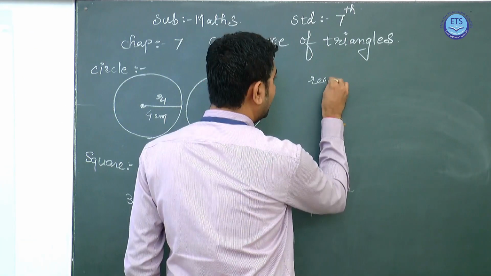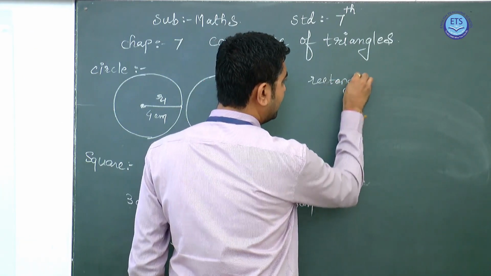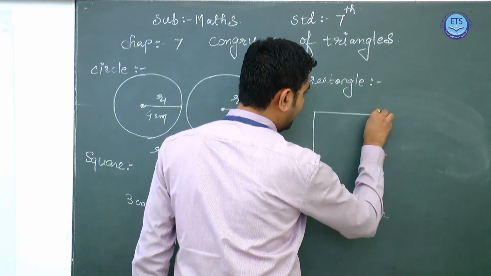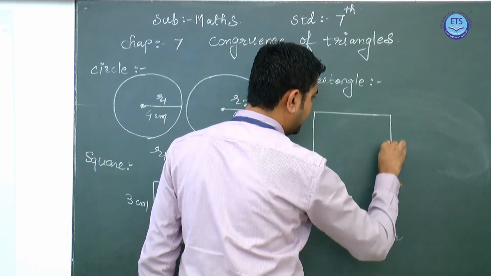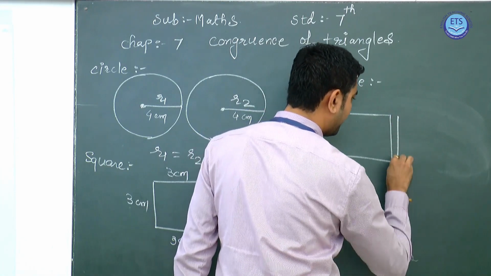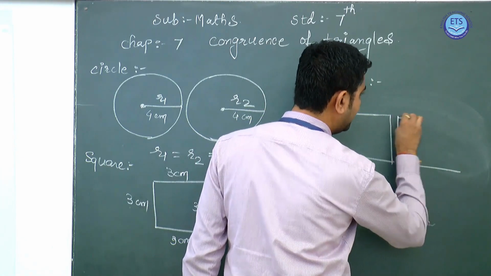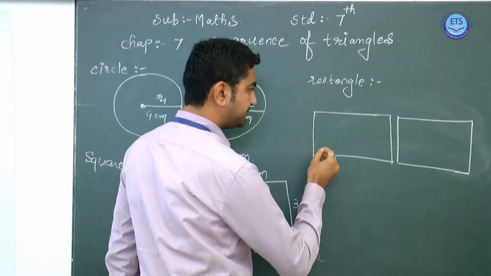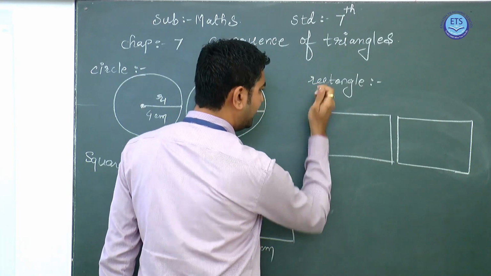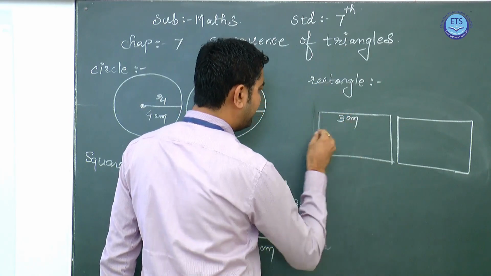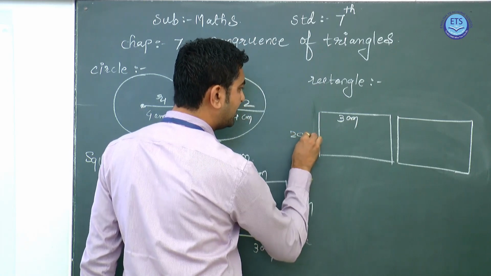See now, here there are two rectangles. This is your first rectangle and this one is your second rectangle. In these two rectangles, the length is 3 centimeter and the breadth is 2 centimeter. Here also the length is 3 centimeter and the breadth is 2 centimeter.